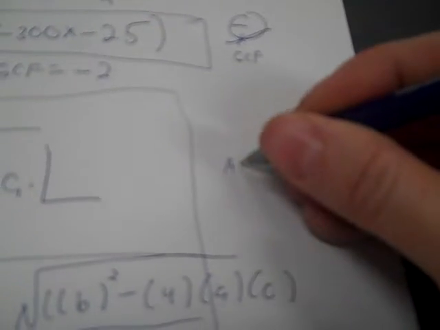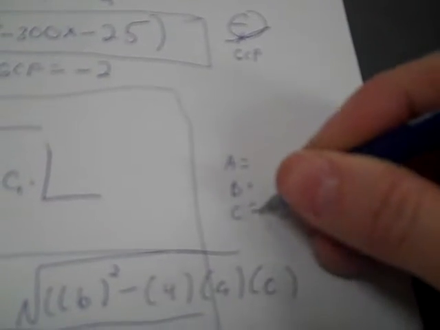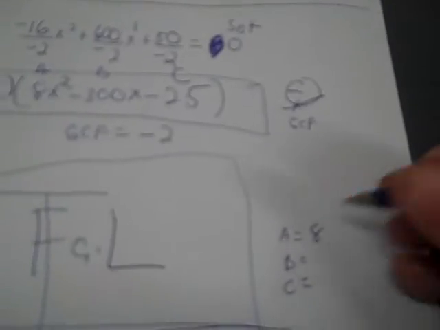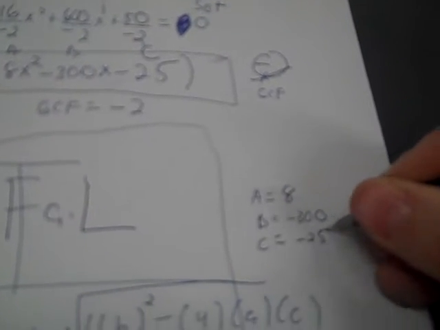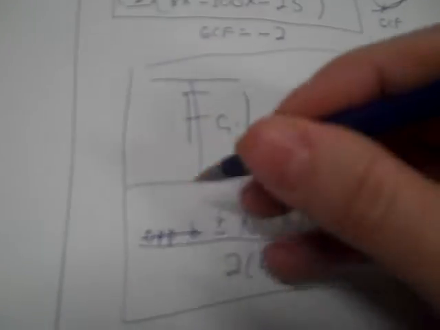So a, b, c, I have to know those 3 things. The a is 8, the b is negative 300, and the c is negative 25. Remember, get the negatives there. So the opposite of b means I will make that positive 300.